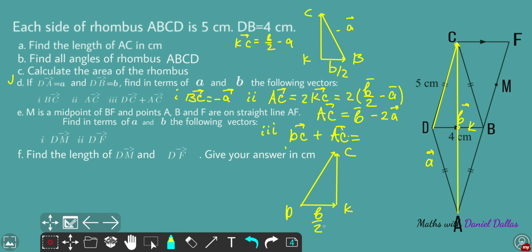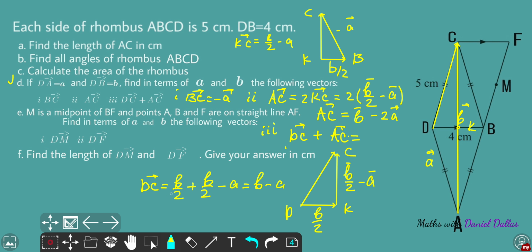So this is half of B. And KC we recently found is B over 2 minus A. So this is the whole expression, B over 2 minus A. So we just add them using the head to tail rule, or basically triangle addition. And that's how we can figure out DC. So DC is going to be equal to B over 2 plus B over 2 minus A. So we just add DK and KC. So finally we'll get B minus A. So that's what it stands for DC.